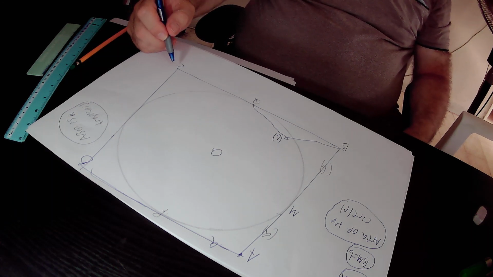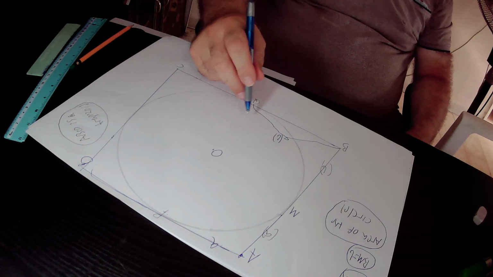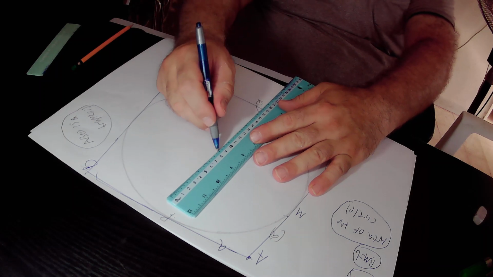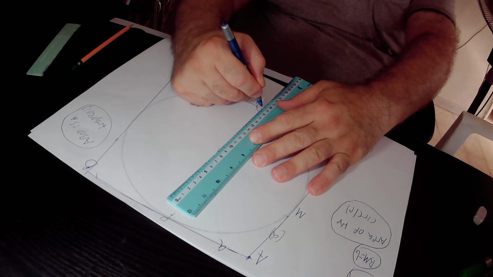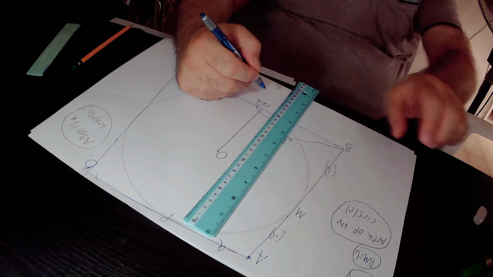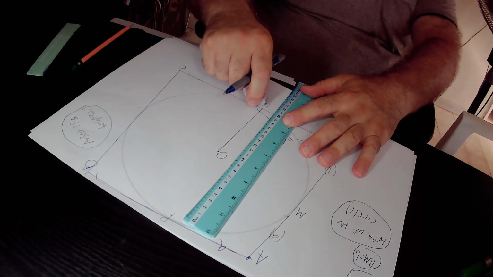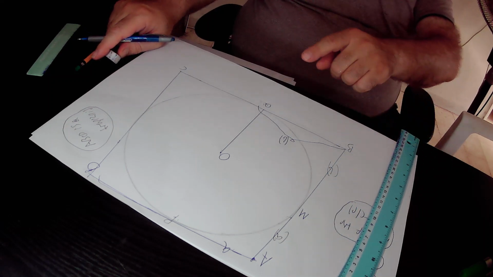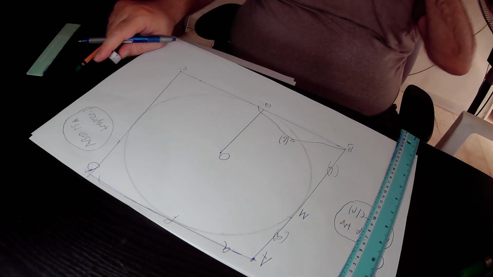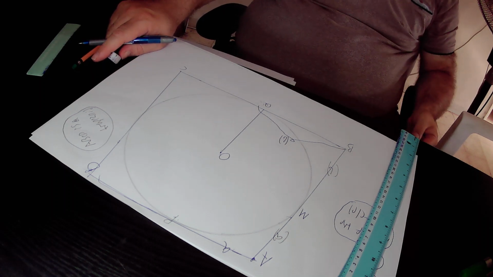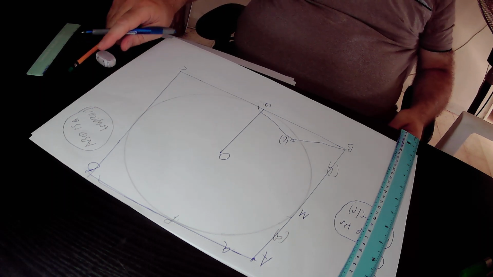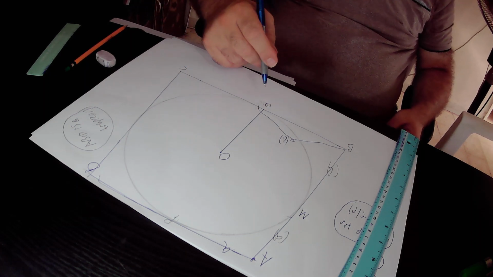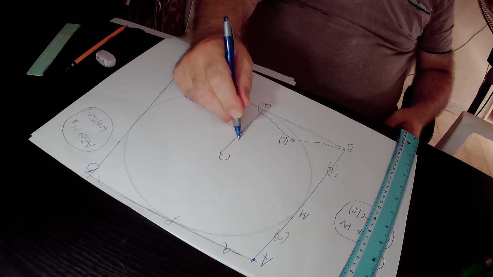In the next step, we'll join points O and Q together by a straight line. Point O is the center of the circle, point Q is a point on the circle itself, therefore OQ is the radius of this circle. We define the radius of this circle as x, therefore OQ equals x.